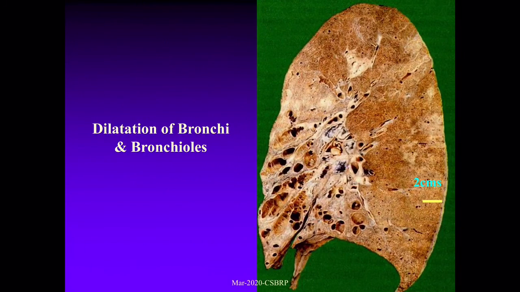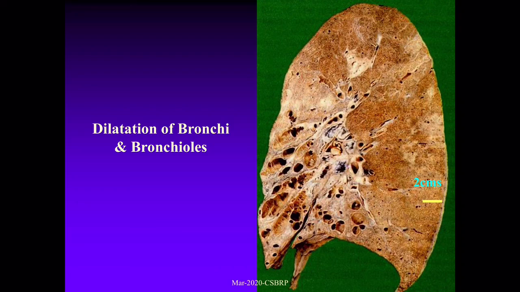The cut surface shows a dilated bronchial tree, mainly affecting the lower portions of the lobe, and you can trace these dilatations to the pleura. In a normal lung, it is not possible to trace the tracheobronchial tree to the pleura; at maximum you can go up to 2 centimeters from the pleura.